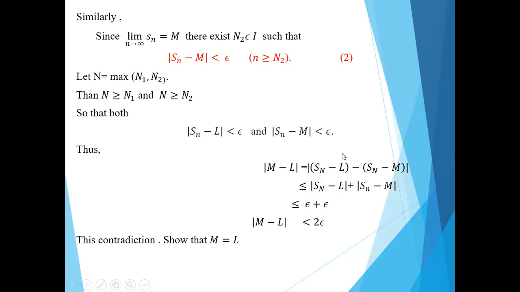Next, split the modulus: the modulus of Sn minus L plus the modulus of Sn minus m. Applying the values, each is less than epsilon. Therefore epsilon plus epsilon is 2 epsilon. Therefore, the modulus of m minus L is less than 2 epsilon. Epsilon is arbitrary, which is a contradiction. So m equals L.